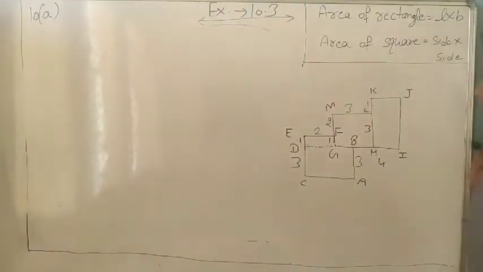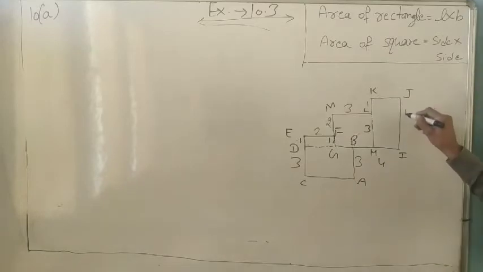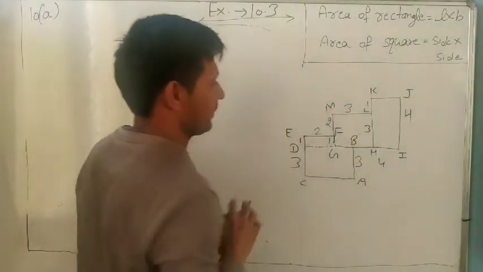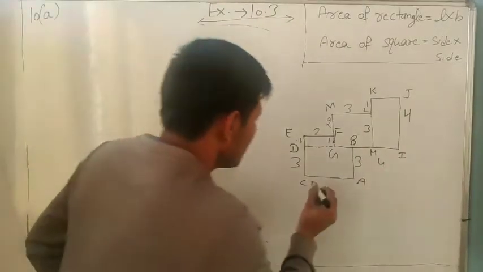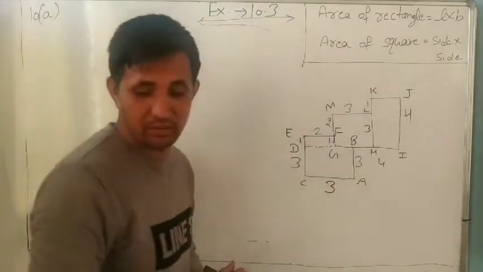Now we observe there are 4 figures. Tell me, it is 3, it is 1, so how much is it? It is 4. Only H to I remains. And in the question it is given 3. A to C is given, 3.